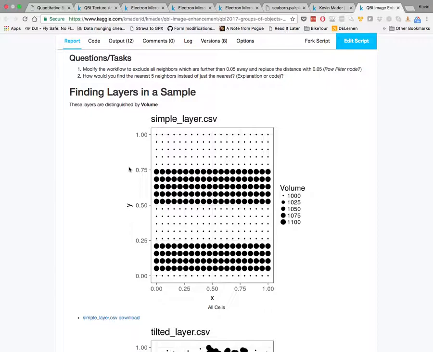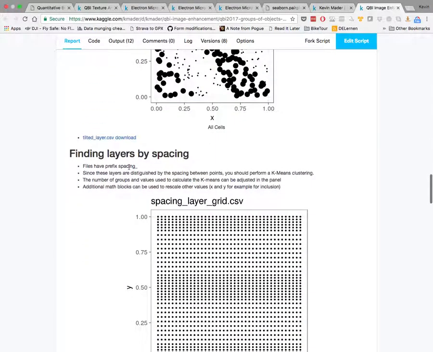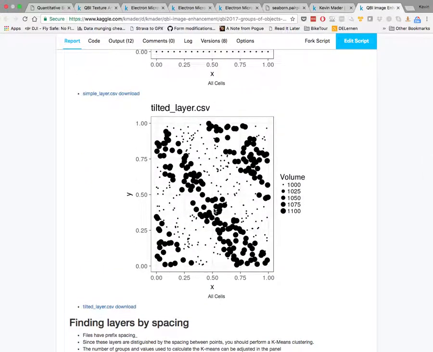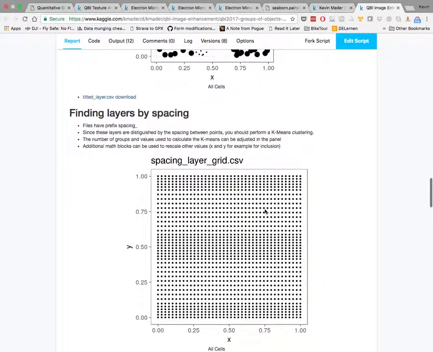And so this would be about how you apply those tools to do that well, and particularly when the layers aren't along a clear axis and the points are randomly distributed, how can you come up with some analysis that measures that well? Or here, for example, where all of the layers are just affected by spacing. So how could you come up with a way for measuring those different layers and grouping those objects out when it's just the spacing between them that's being changed?